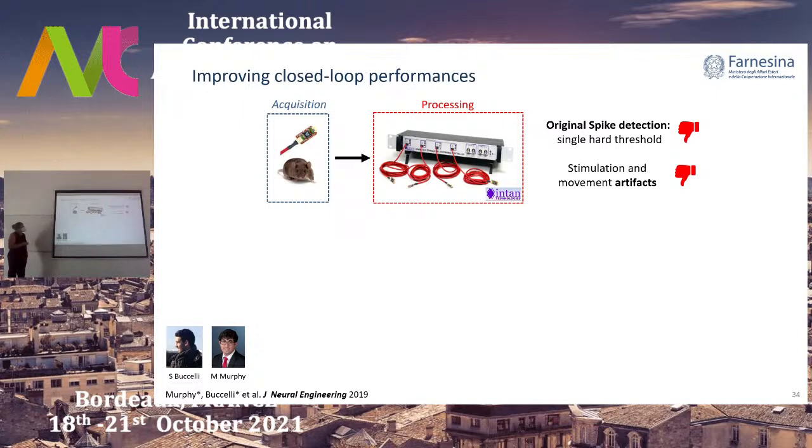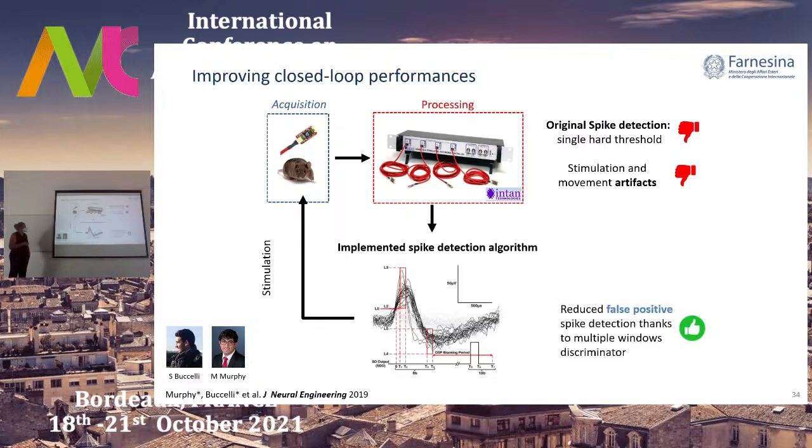So in order to record and stimulate, we are using this commercial system by Intan Technologies, which relies on an FPGA in which spike detection is designed. But the problem is that their spike detection is not so reliable. So the work that was done by Stefan and Max was actually to redesign spike detection, also with the help of Yannick. And that was able to basically identify in a quite good manner the shape of spikes that are coming from a single neuron.